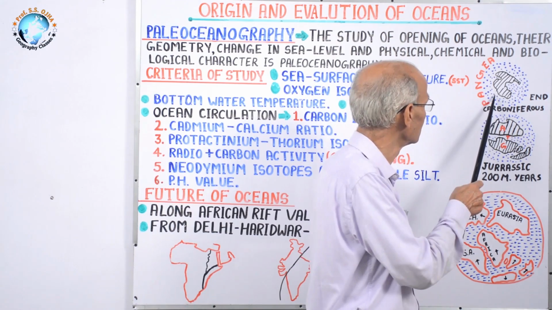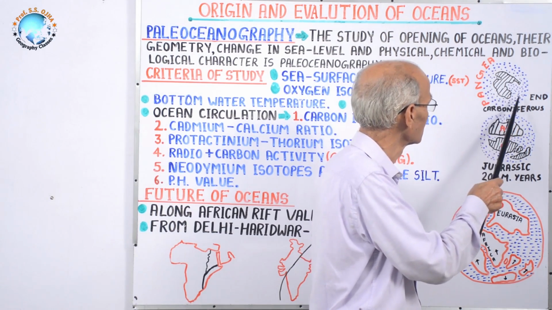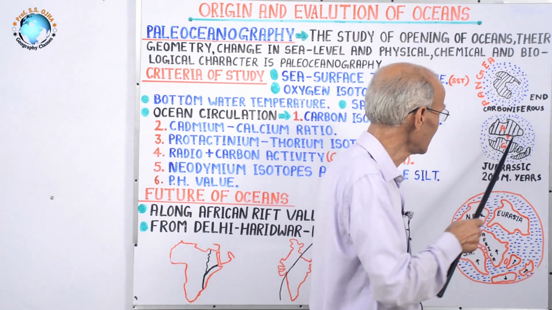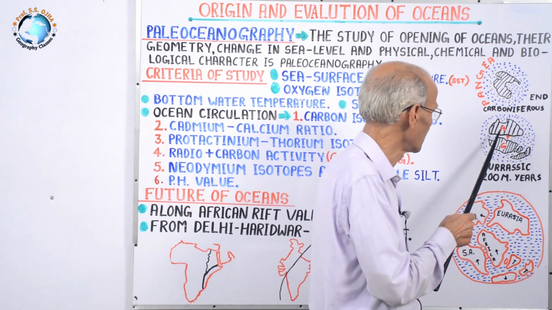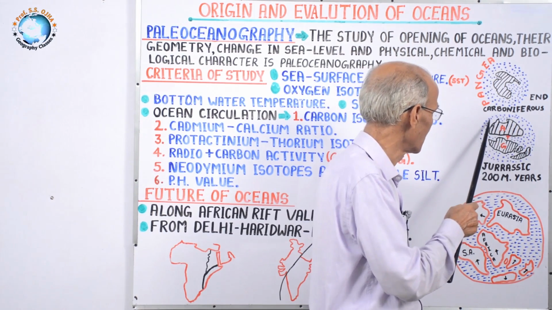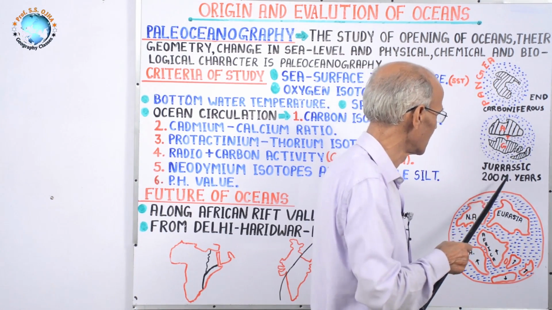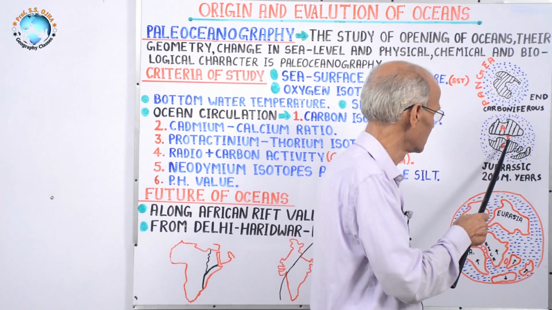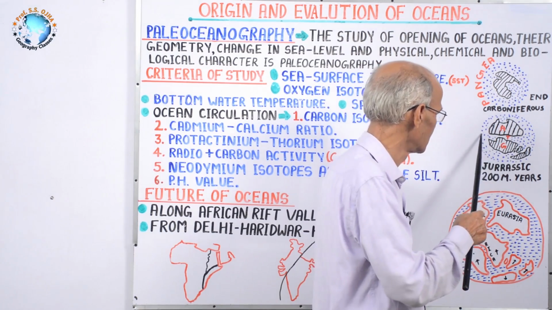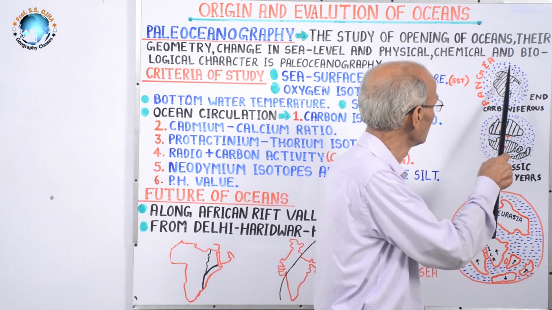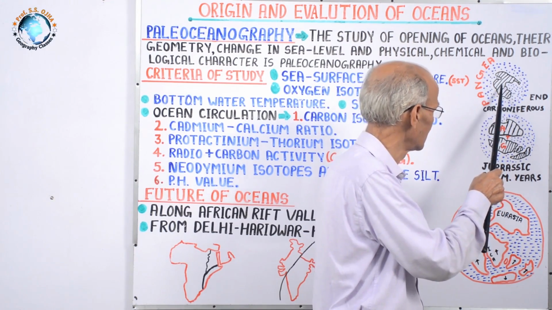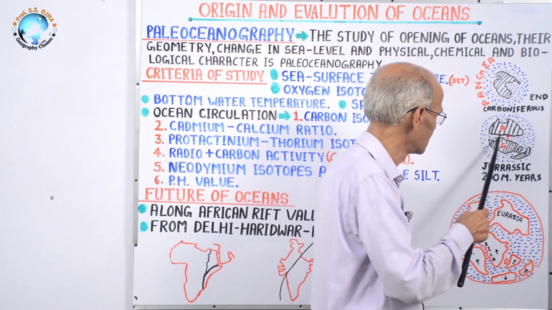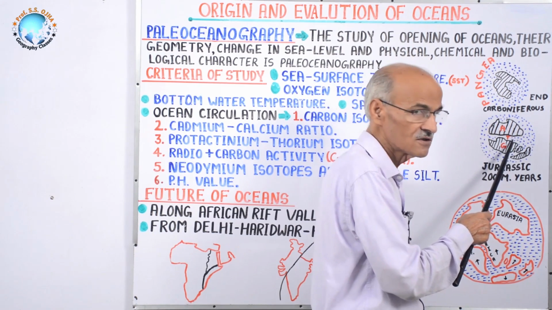In the first stage, this was Pangea surrounded by Panthalassa, and at the end of Carboniferous, it was broken in two parts, the northern Angara land, southern Gondwana land. In between the two, a rift formed, which was filled with the water of this Panthalassa. This surrounding water is Panthalassa and this is Pangea. And the water of Panthalassa filled this gap called Tethys Ocean.